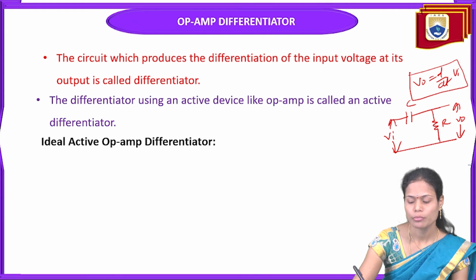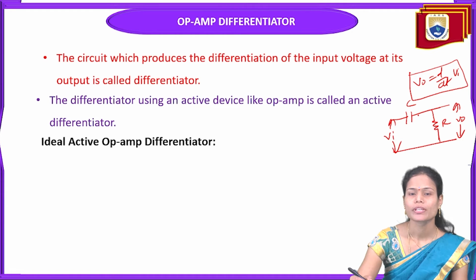Why do we move to the op-amp differentiator even though we have the RC elements? Because we can improve the performance of the differentiator, improve the gain of the system, and reduce the noise effects of the system by using feedback in the operational amplifier. For all those reasons, we go for the ideal active op-amp differentiator.